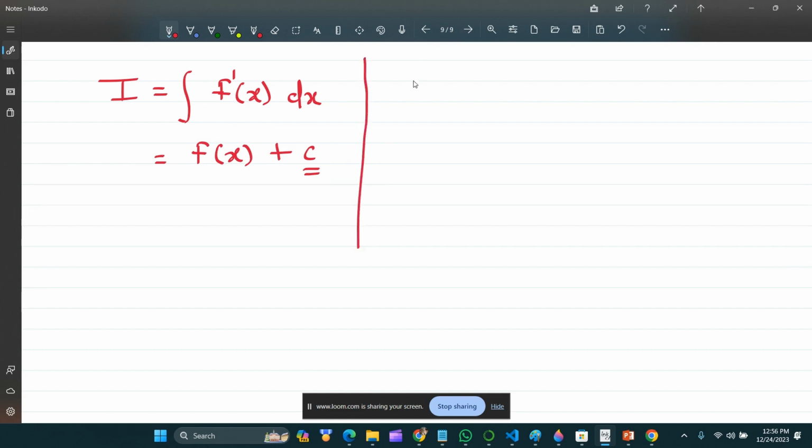But opposite to this, the integration I is equal to the integration of f dash x dx from a to b. So this will be the limit. This a is the lower limit and this b is the upper limit. This is the limit of x.